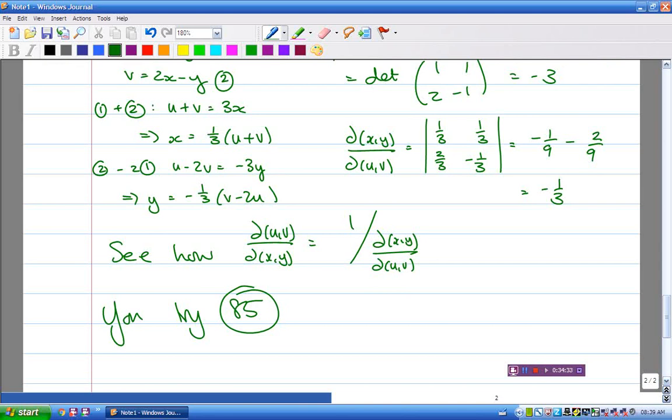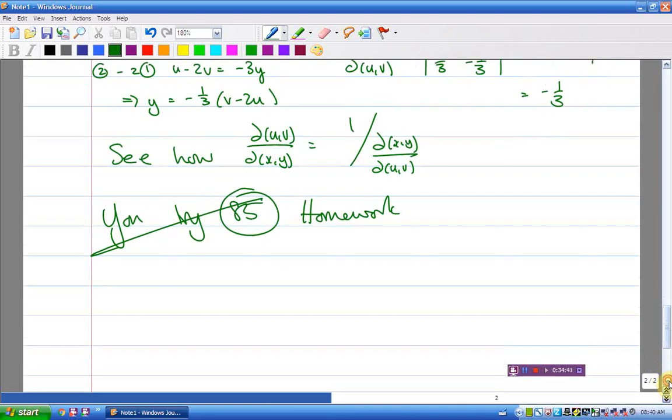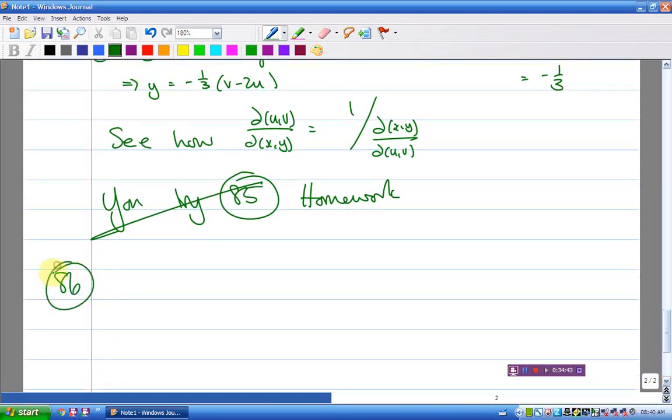You know what? I've changed my mind. 85, homework, I'm moving on. Sorry, today is a talky day for me because we're falling behind in lectures. The answer would be, one of them is 3 and one of them is 1/3, so it's very similar, just no minus sign. Those are the two Jacobians that you'll get.